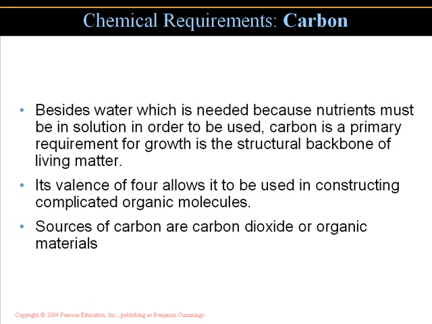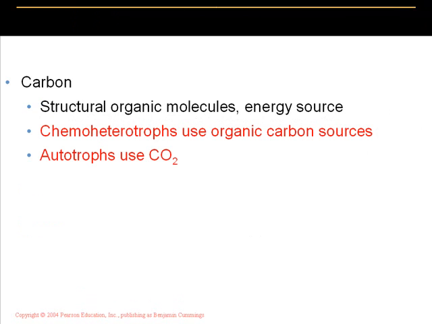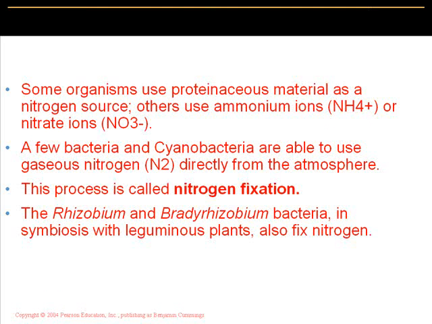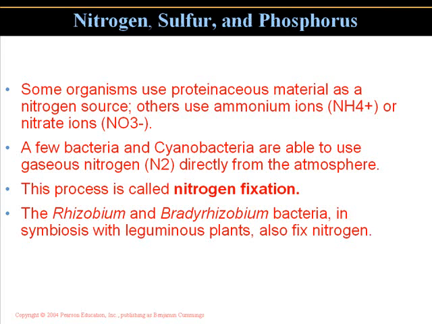Sources of carbon include carbon dioxide or other organic materials. Carbon is a structural organic molecule and an energy source. Chemoheterotrophs use organic carbon sources. Autotrophs use CO2, still using carbon but from a different source. Some organisms use other substances.